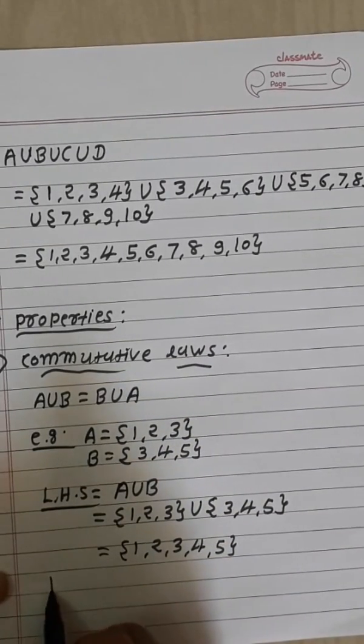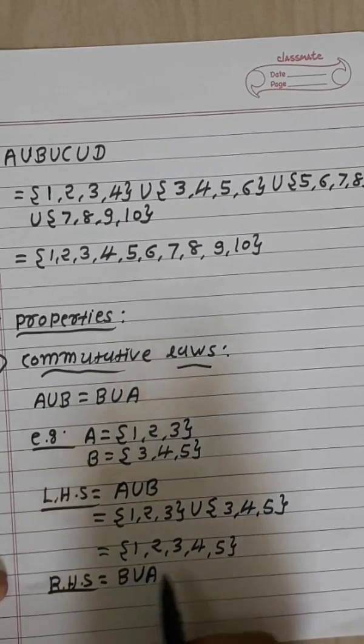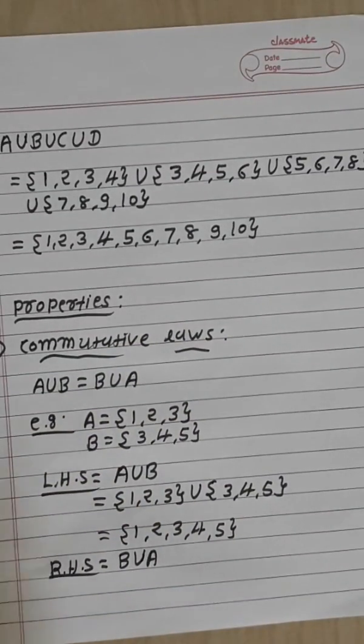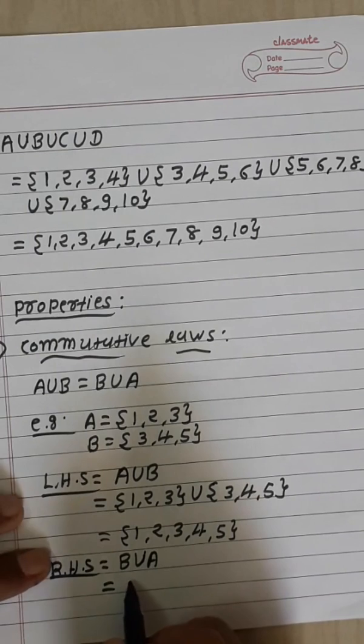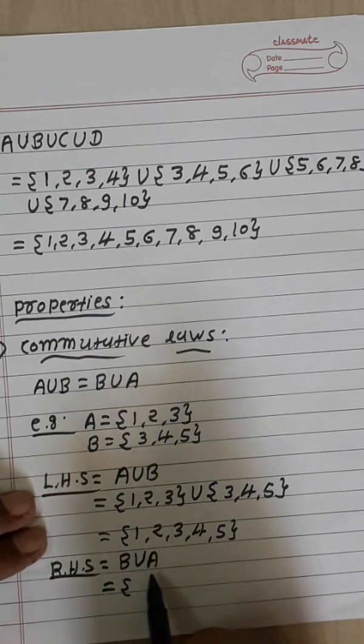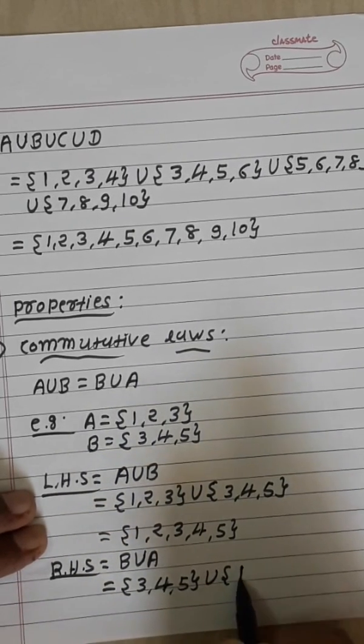Now, in case of the RHS side, B union A. In case of B union A, the first set is B, so we write 3, 4, 5 union, in case of set A, 1, 2, 3.